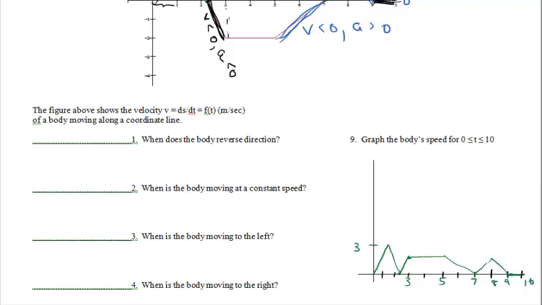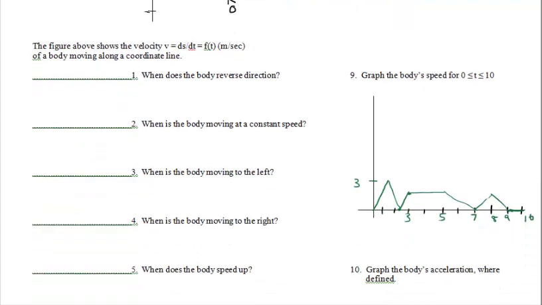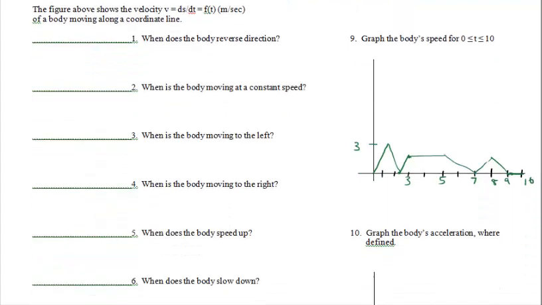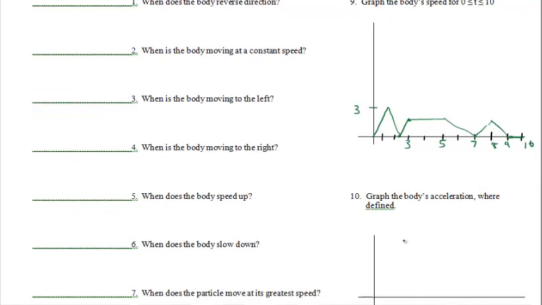So let's answer question 7. When does the body, particle, whatever, move at its greatest speed? Well, if it's asking me a question about speed and I have a speed graph, I'm certainly going to use the speed graph to get an answer. At what time? t equals 1. That's the answer.